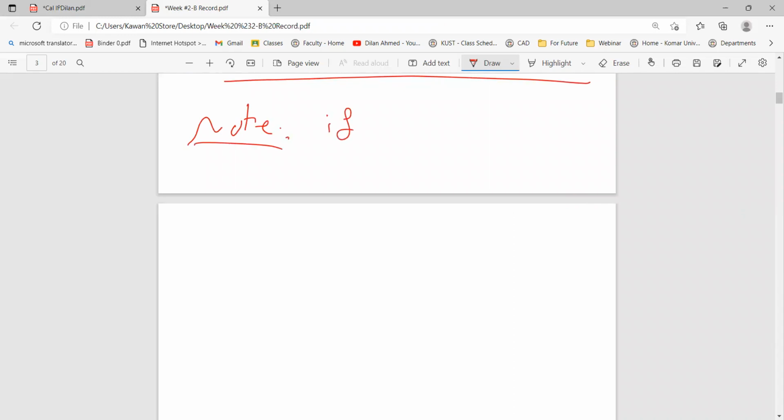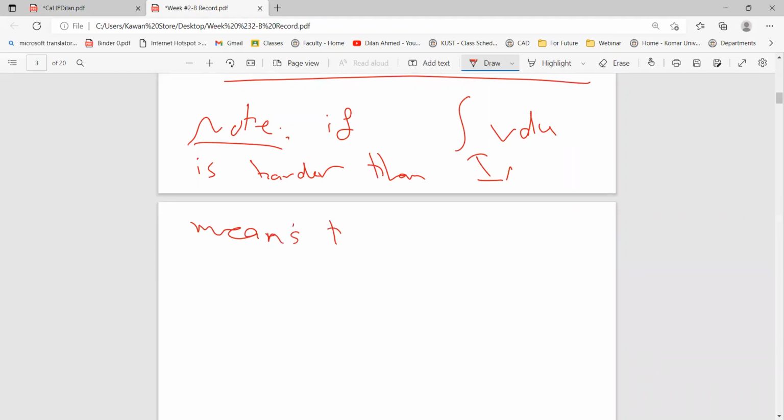If the integral of v du is harder than I, when I say I, I mean the original integral that we have, it means that your let is wrong, not correct.